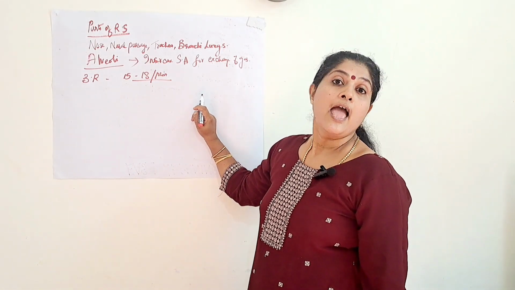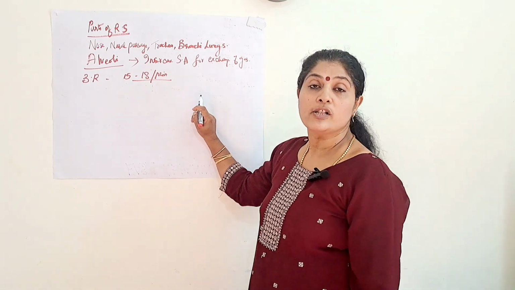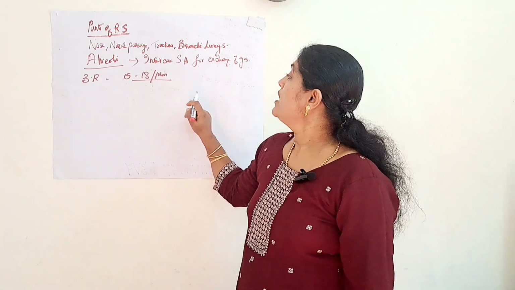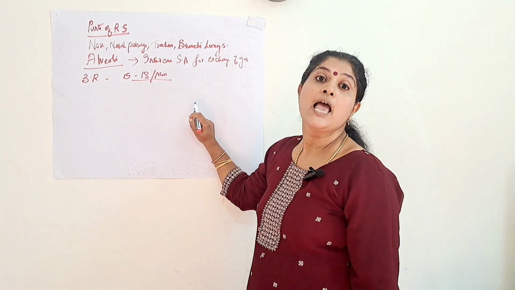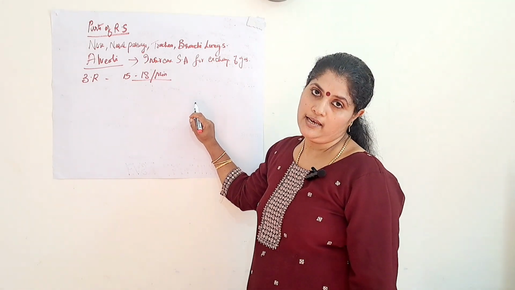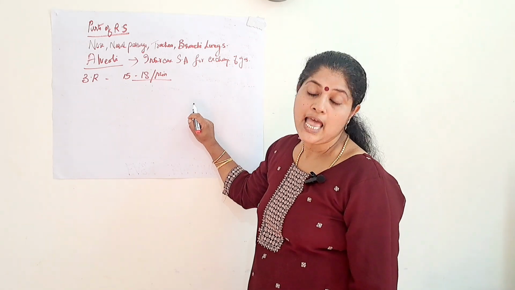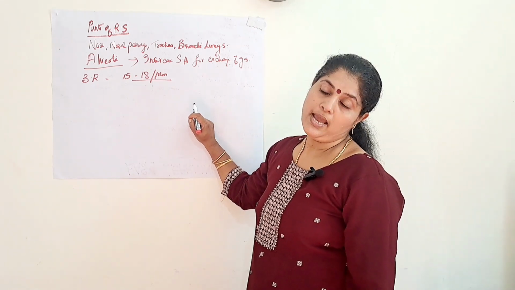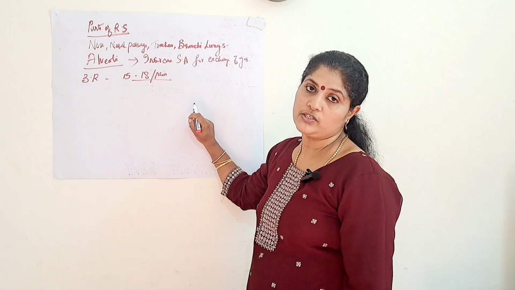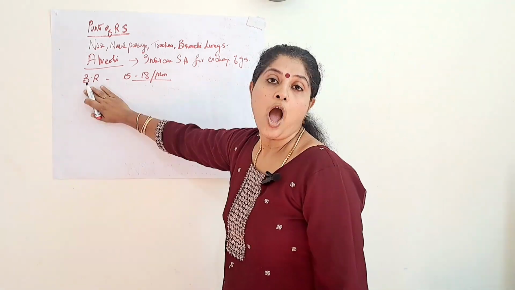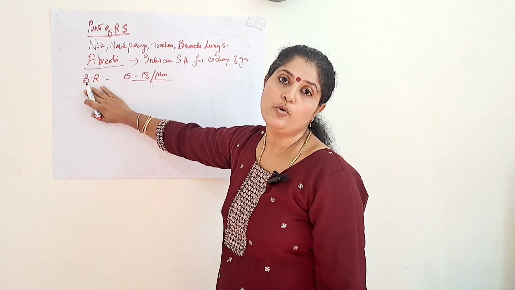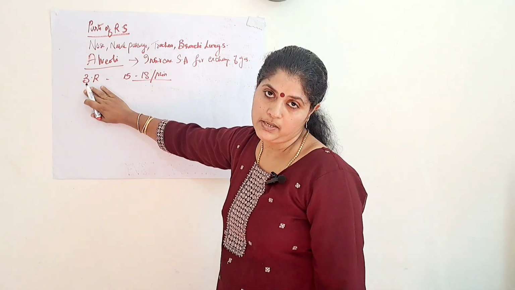Other than that, we have already told about the hemoglobin level. What is the main function of hemoglobin? It binds with oxygen. It is present in the red blood cells, and it is a pigment which helps to carry oxygen to each and every part of our body. So how much hemoglobin should be present in each person?